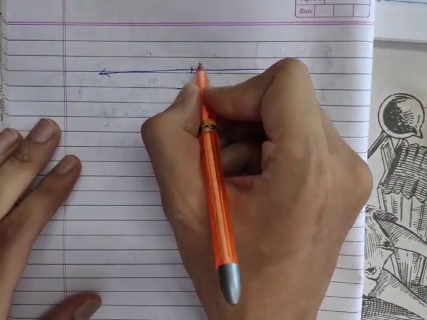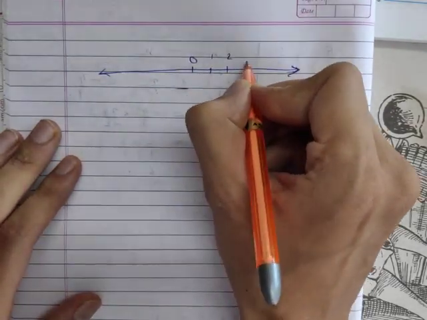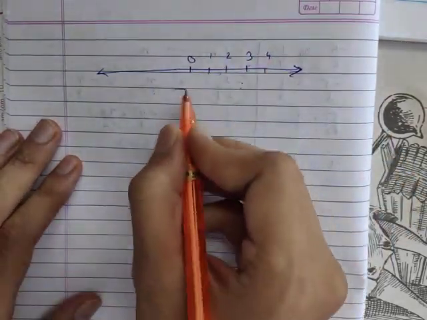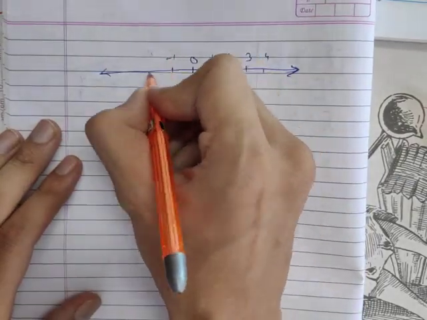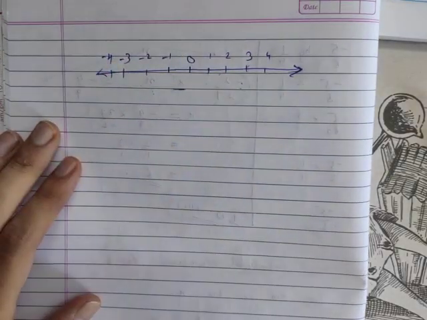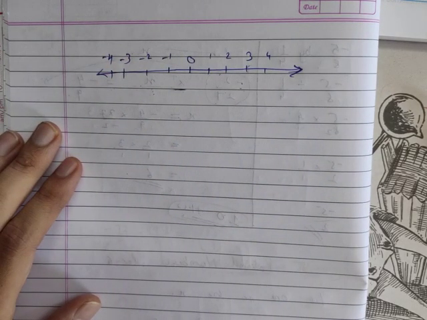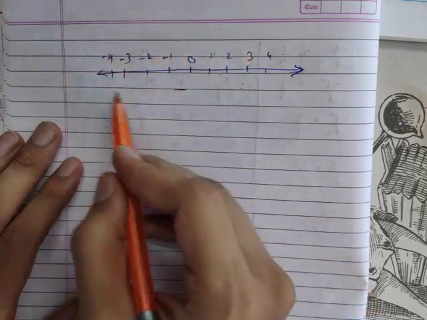We mark the center point as 0, 1, 2, 3, 4. That means the positive numbers on the right side. And obviously on the left side, the negative numbers. Correct. So, this is how we represent a number line.